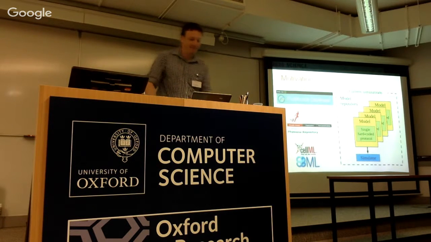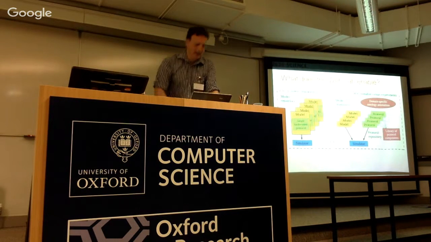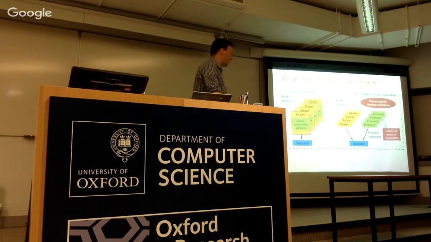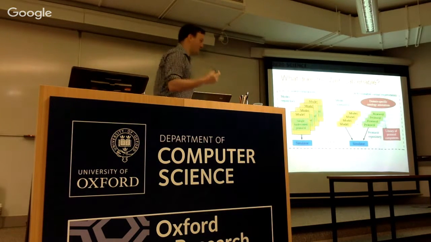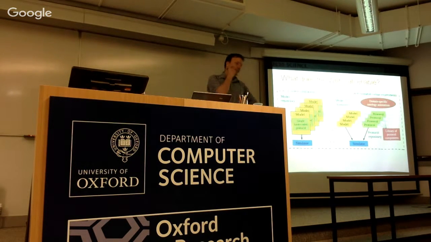But the idea of all this web lab is to separate out that model and protocol. So this is the sort of picture of things. We separate out the model, which we still have as a CellML file in this system, from the protocol that we want to apply to the model. So in a simple case, this just means there's a 1 Hertz pacing protocol, a 2 Hertz pacing protocol. But we can do much more complicated things that Jonathan will show you, like get IV curves for ion channels, do restitution curves, that kind of thing.